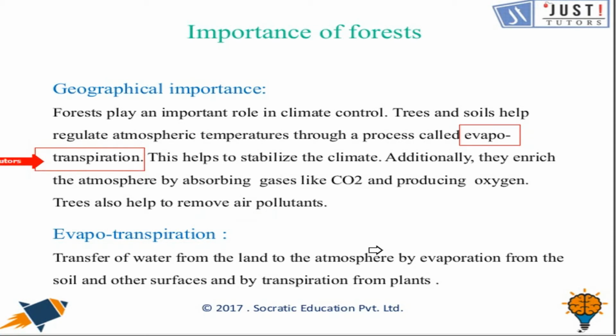Additionally, they enrich the atmosphere by absorbing gases like CO2, which is a dangerous gas. When a person exhales CO2, plants inhale CO2 and produce oxygen, which we take in. Evapotranspiration is the transfer of water from the land to the atmosphere by evaporation from the soil and other surfaces, and by transpiration from the plant.